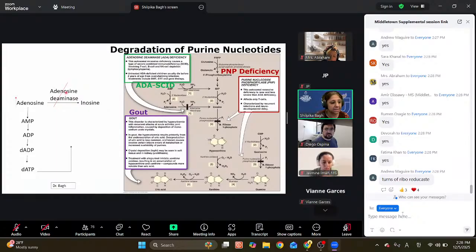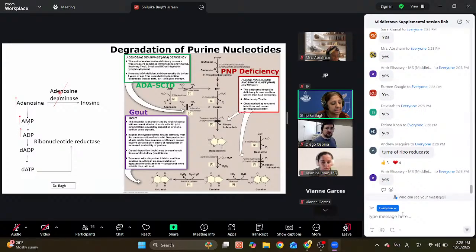If there's an ADA deficiency, will adenosine accumulate? Yes. So will AMP, ADP, deoxy-ADP. I forgot to tell you, in purine synthesis, I can tell you in pyrimidine de novo synthesis, only the di forms are converted into the deoxy form, not mono or tri, only di, right?